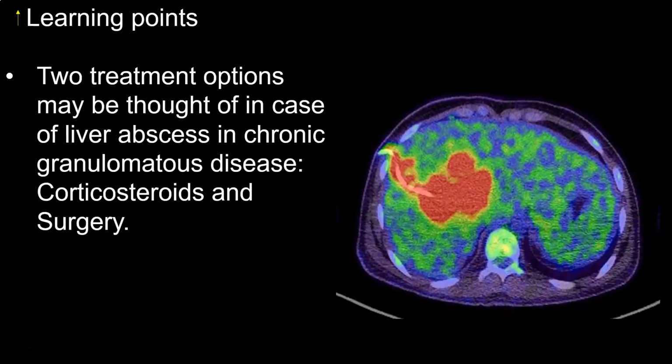Two treatment options may be thought of in case of liver abscess, which are not resorted to in the liver abscess in a previously normal patient. These are the corticosteroids and the surgery.